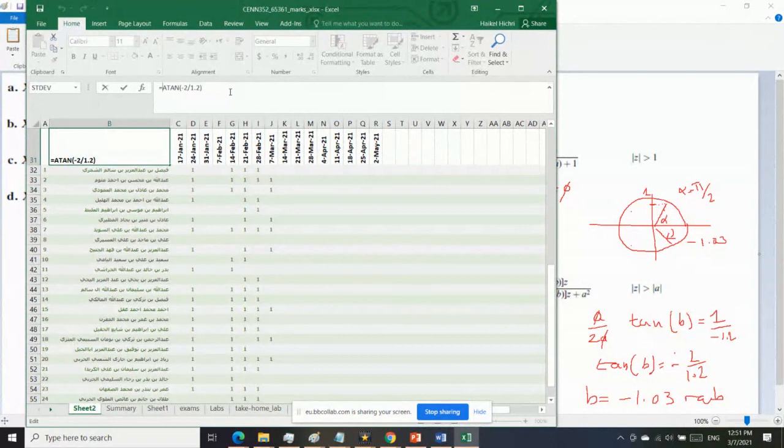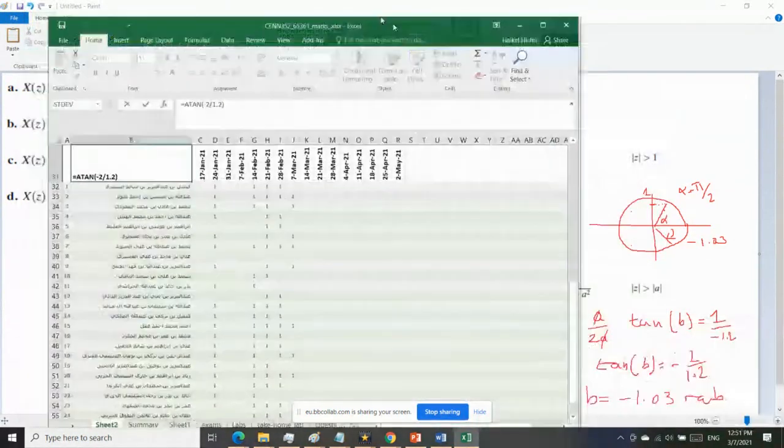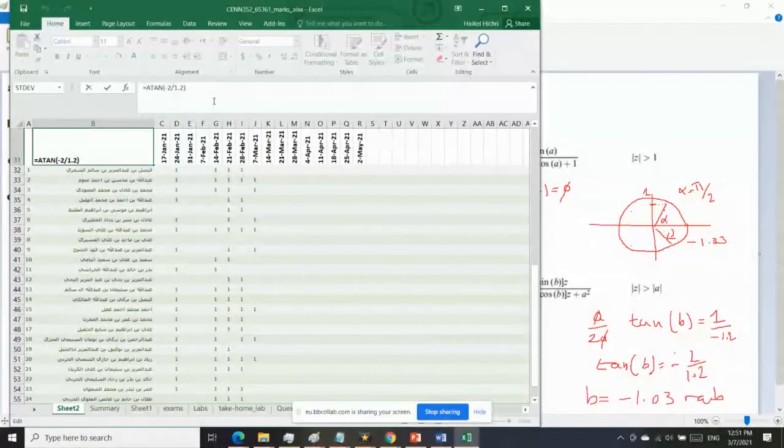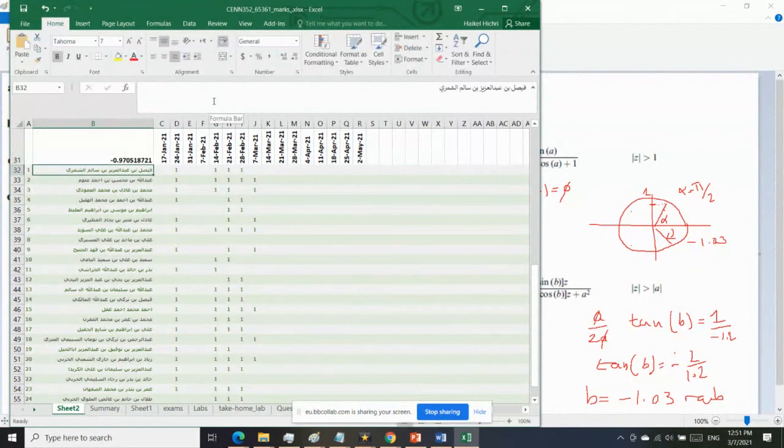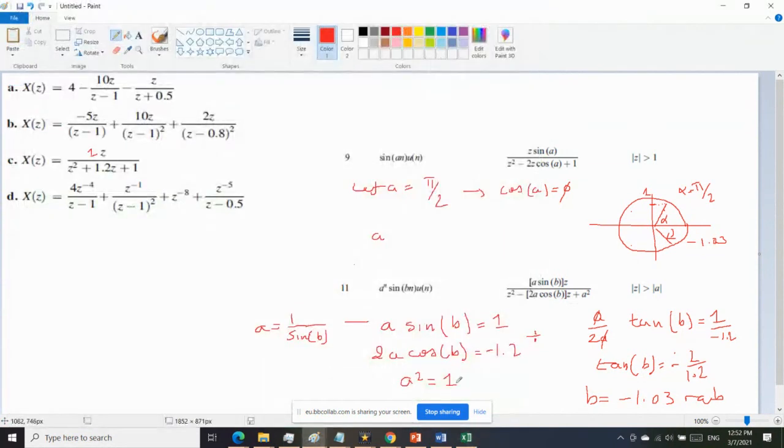Didn't we say 1 over the sine? Yes, so 1 over sine. So it came out minus 0.97. So A.